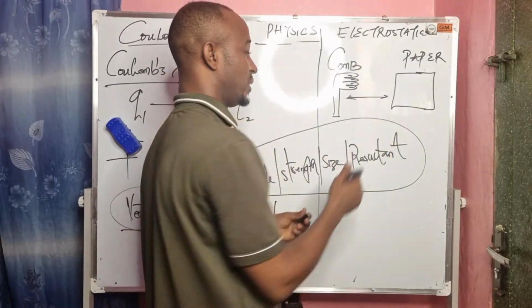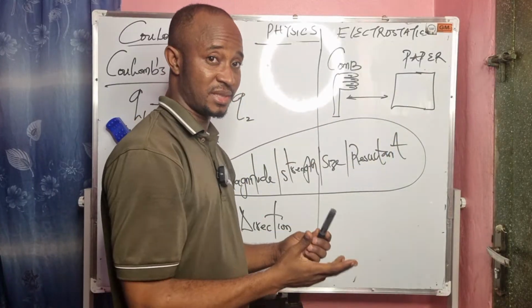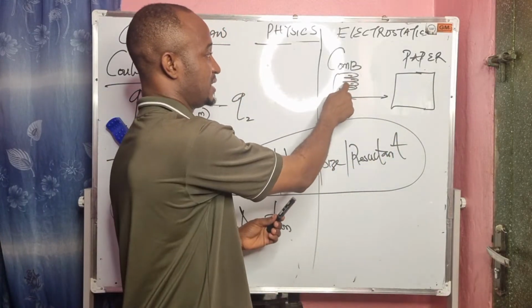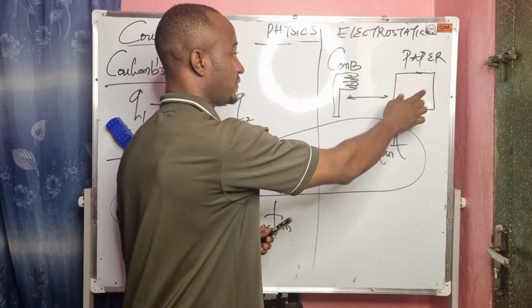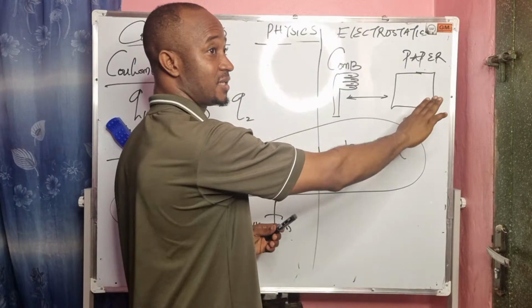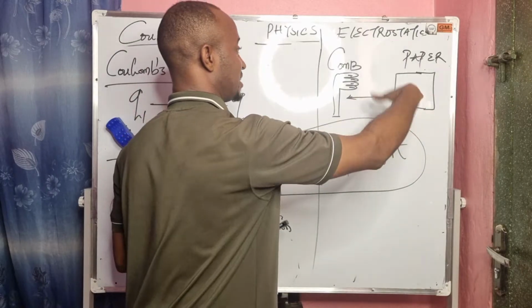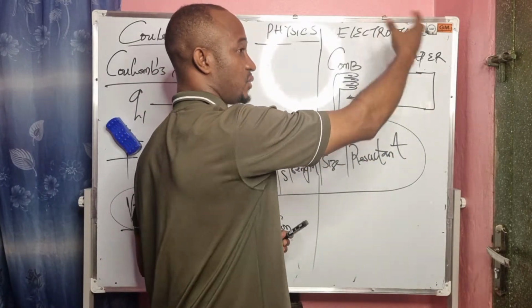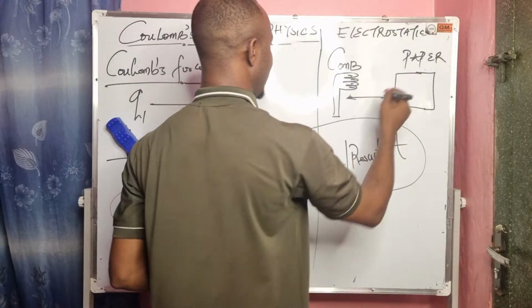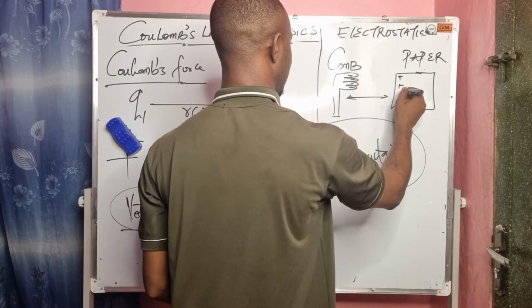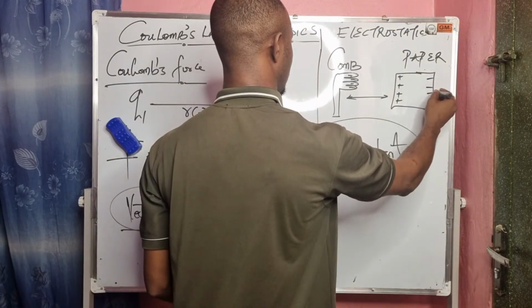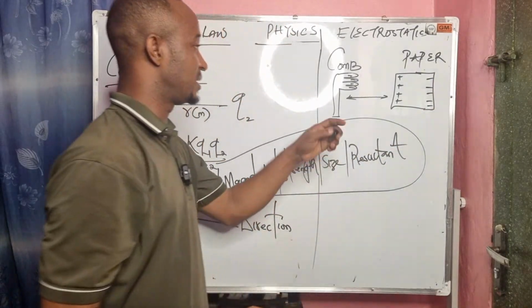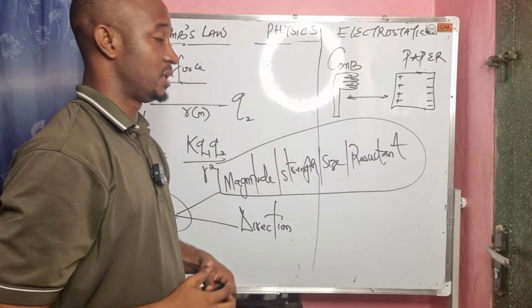The electrons here arrange themselves, right? This negative charge here knocks off the electrons in this paper to one side. So the charges, both electrons and protons, rearrange in a way that here becomes what? Positive, right? So those of you who just entered, make sure you go through the video from the beginning. I explained this principle called induction.